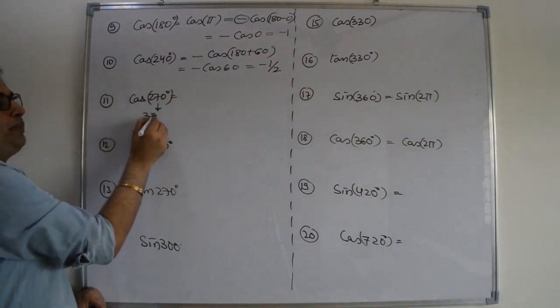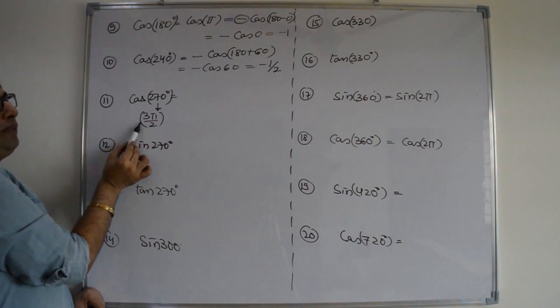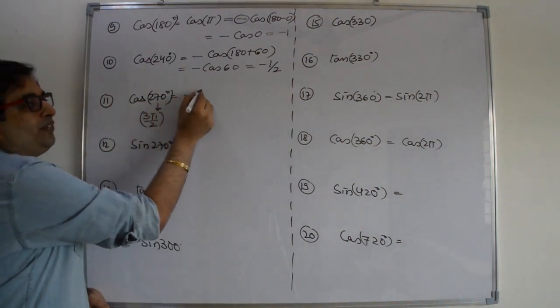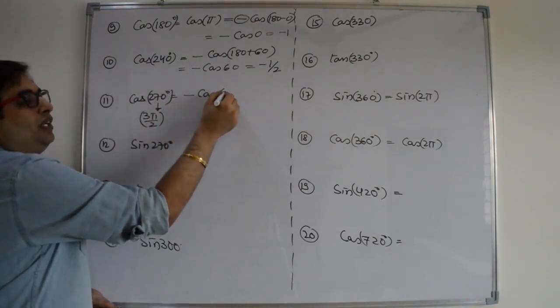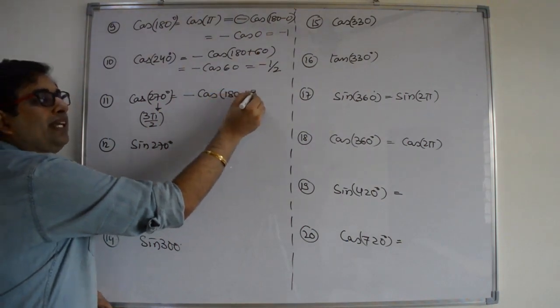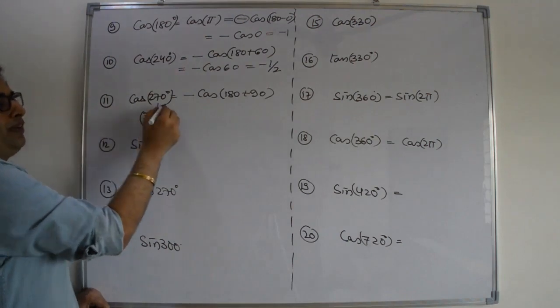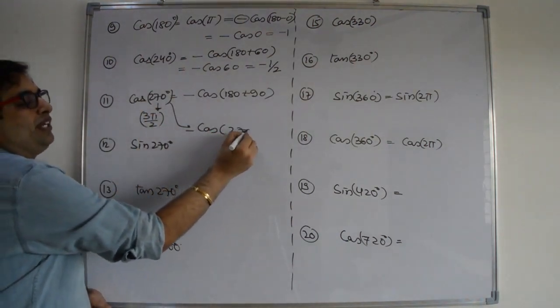Next, cos 270. 270 is also 3 pi by 2 radian. Right? 3 pi by 2 is in the third quadrant. In the third quadrant, tan is positive, so cos will be negative. And break the angle, you can write it as 180 plus 90. Or you can write one more way, cos 270 minus 0.